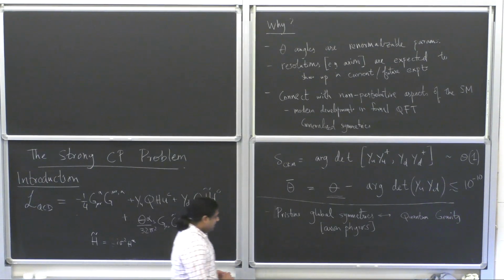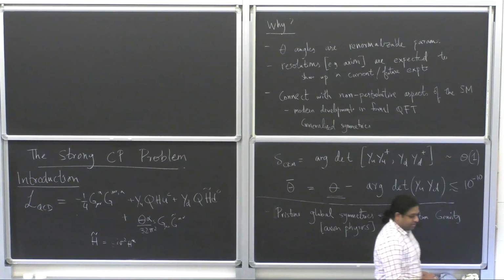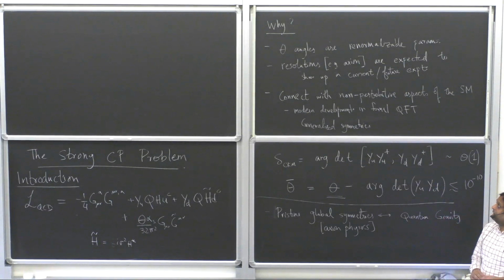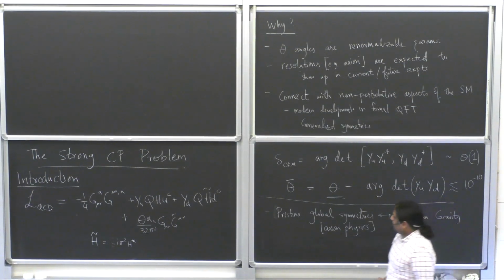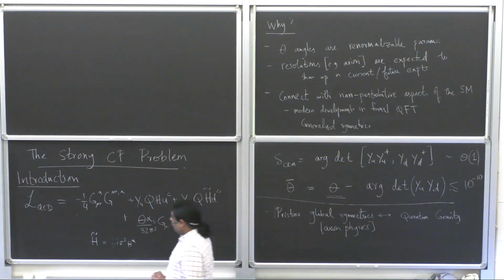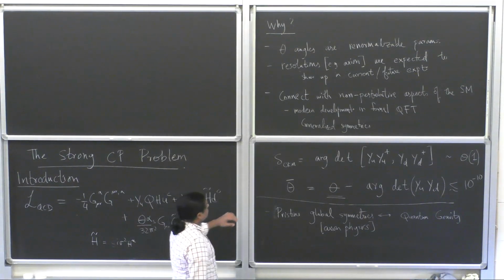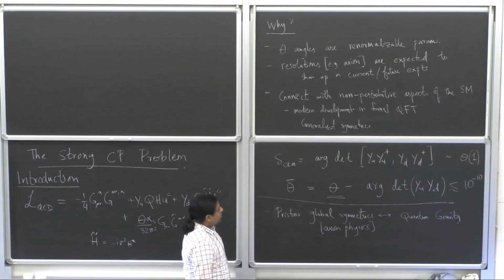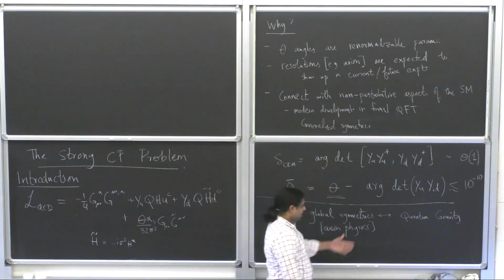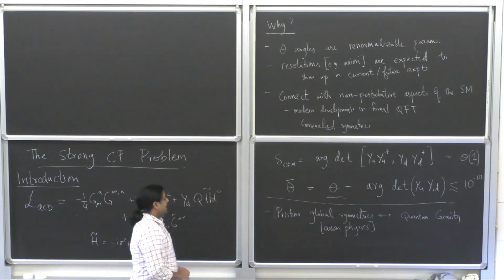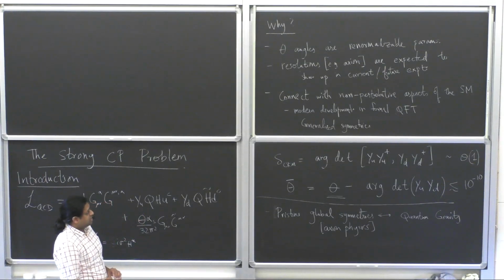So as you can see, the strong CP problem has been around for a while, but both experimentally and theoretically, it's very relevant today. There's new developments that people are still understanding in formal QFT, in connecting QFT with theories of string theory or quantum gravity that have relevance for theories solving the strong CP problem.